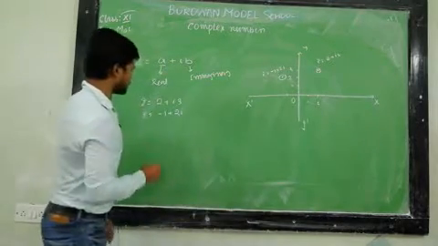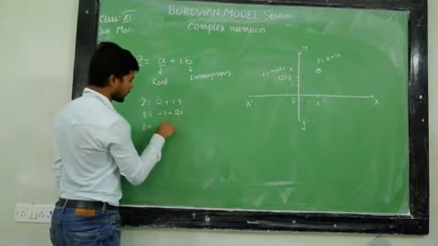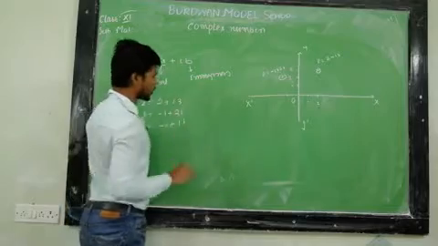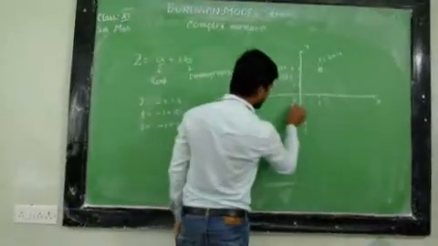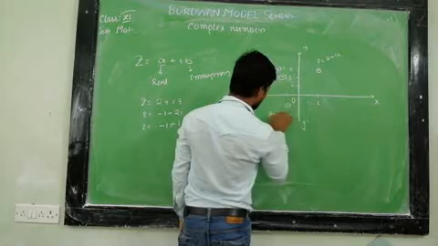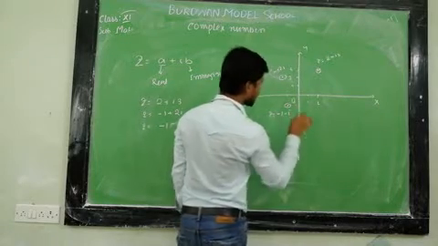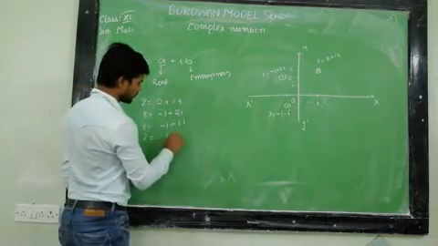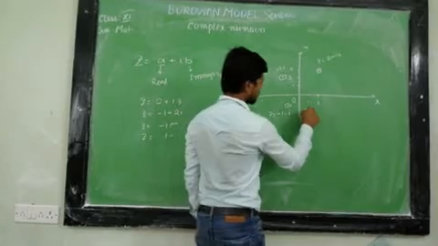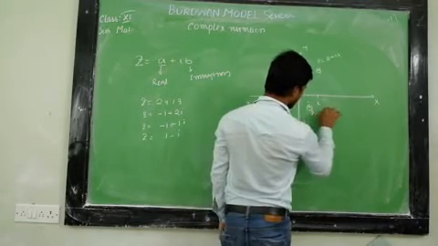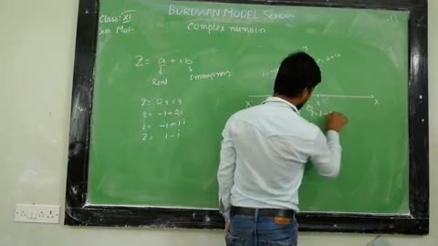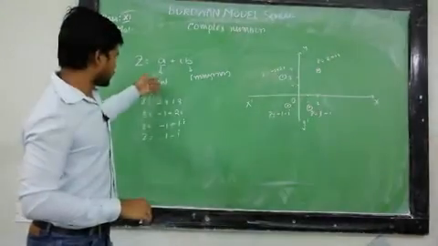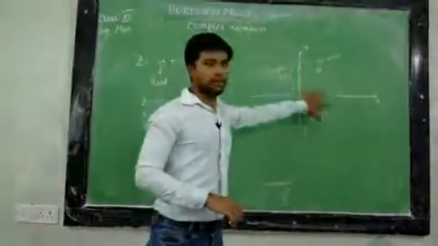If I take another point, suppose z equal to minus 1 minus i, so minus 1 comma minus 1, so this point is z equal to minus 1 minus i. If I take z equal to 1 minus i, so 1 comma minus 1, so this point will be z equal to 1 minus i.